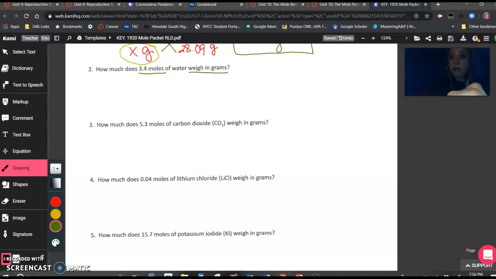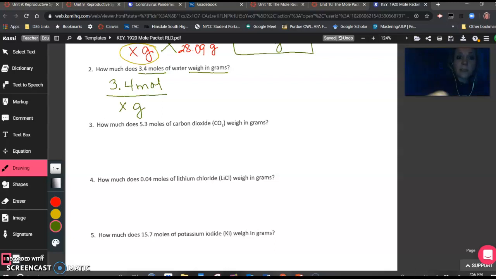Since, as I read my problem, 3.4 moles is the first given that I come to, I'm going to write 3.4 moles on top of my fraction. And I'm going to put what I'm looking for below it, which is x grams.